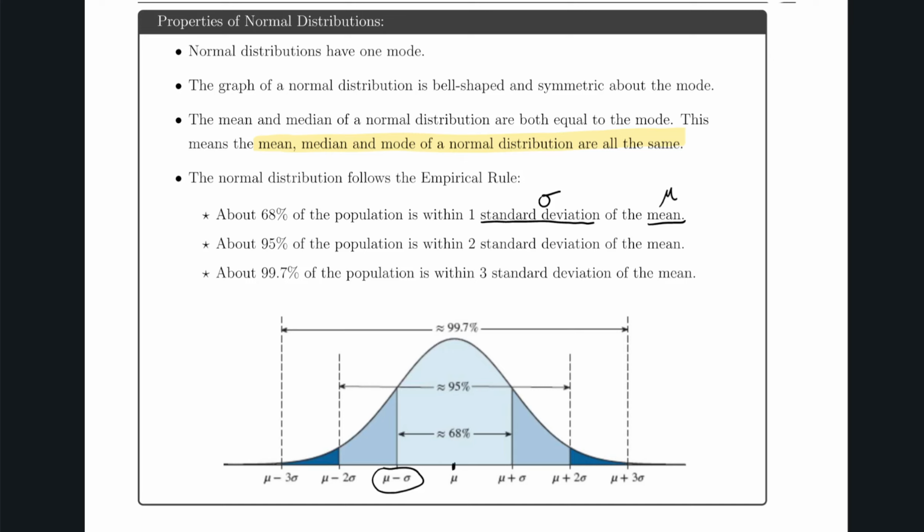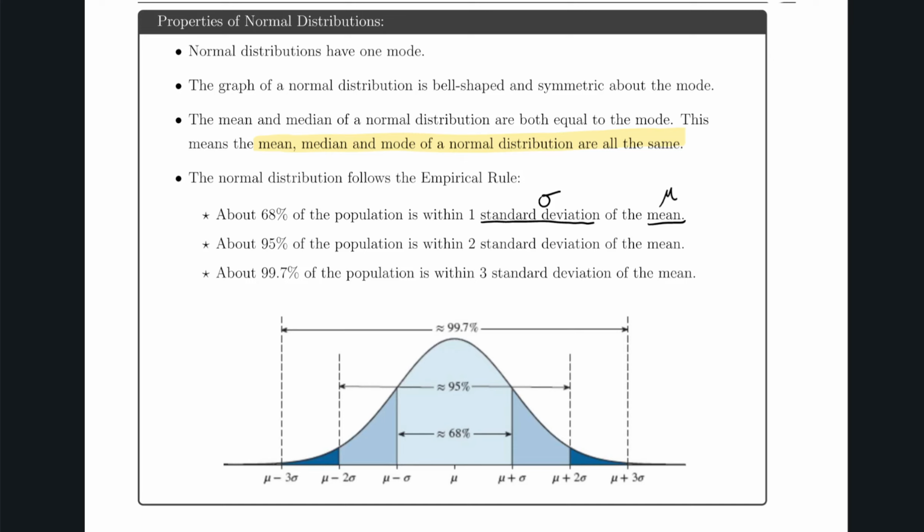That's the mean minus 1 standard deviation to that point here. And then to the right of the mean is this mu plus sigma. That's the mean plus 1 standard deviation. What this means is this area of the center region, which is 1 standard deviation before and after the mode, accounts for 68% of the total area under the curve.